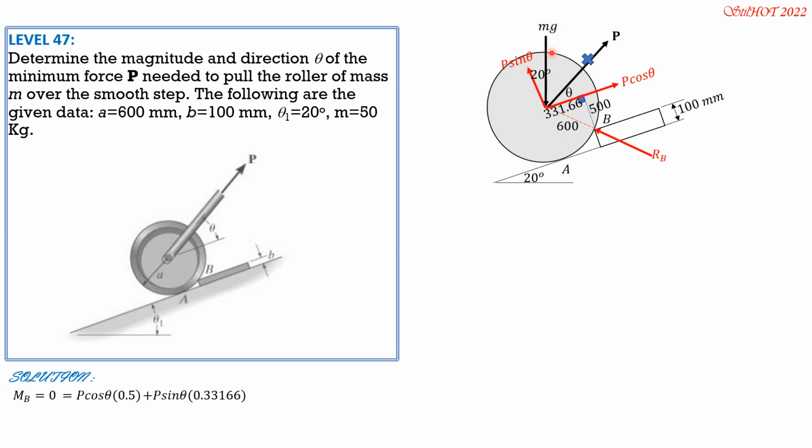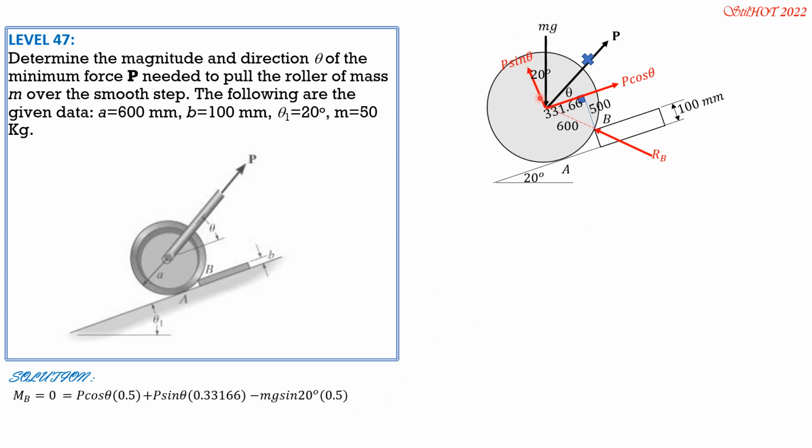Then this weight mg is resolved into two components, one horizontal in this direction, so it produces a counterclockwise moment. So minus mg, this component is mg sine 20, then moment arm 0.5.